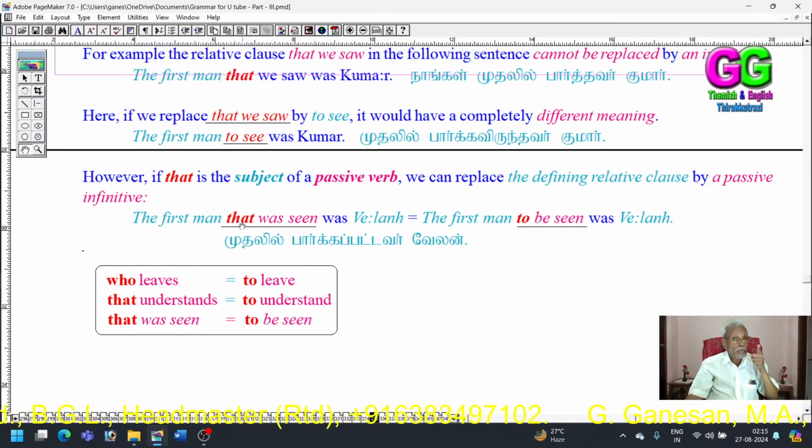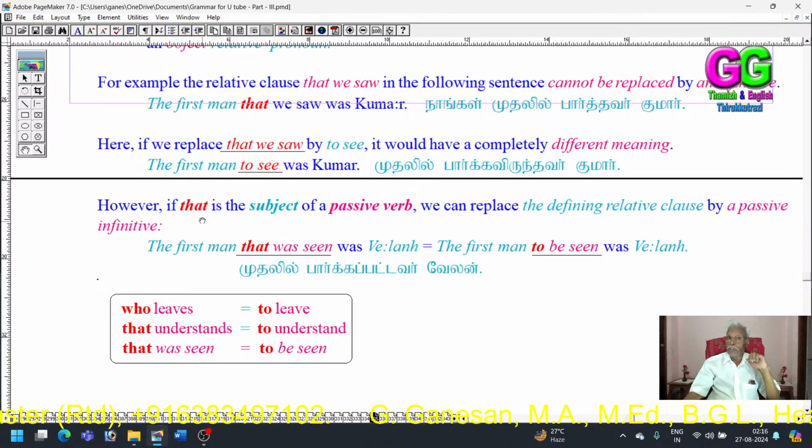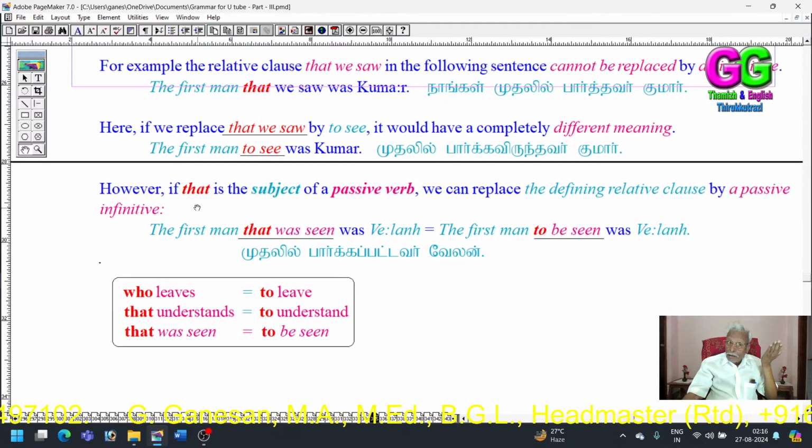The first man that was seen was Valen. When "that" is used as the subject of an ordinary verb's object, it cannot be replaced. But if "that" is the subject of a passive verb, we can replace the defining relative clause by a passive infinitive.